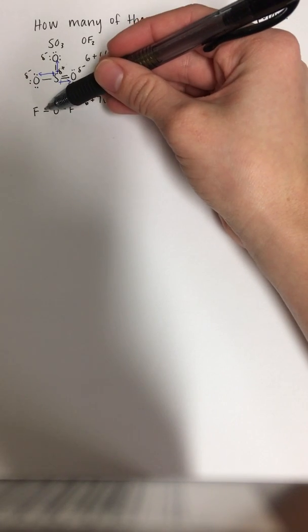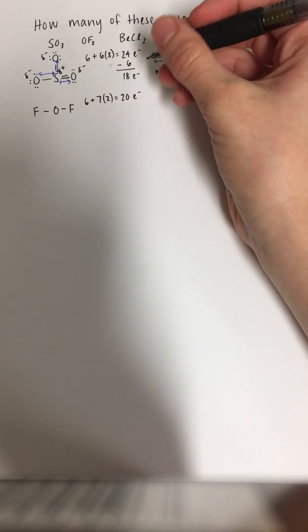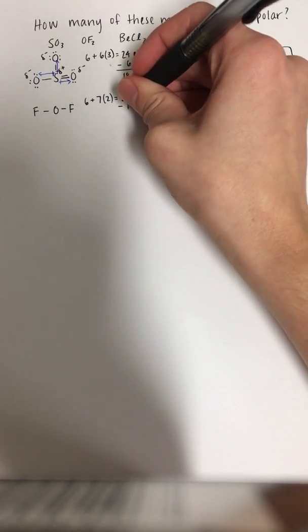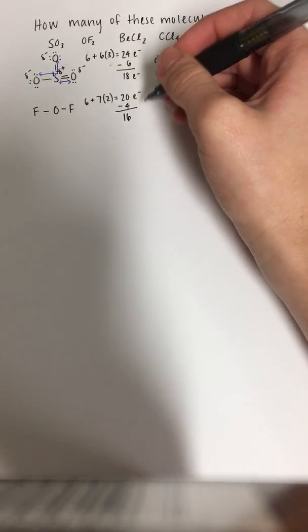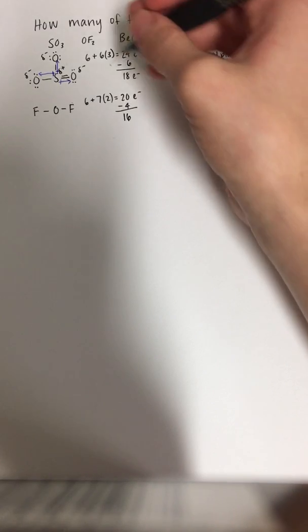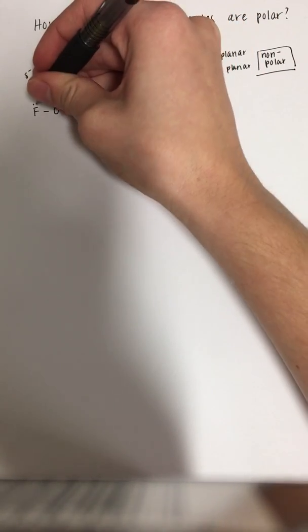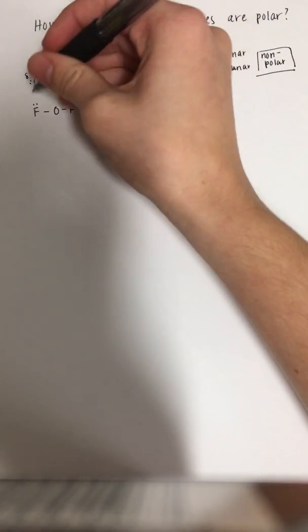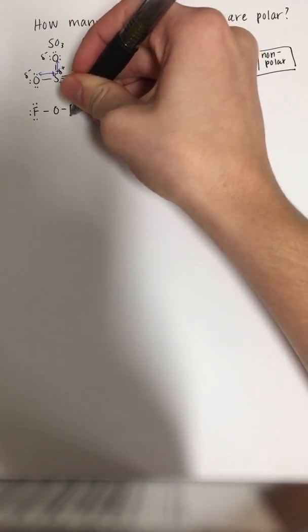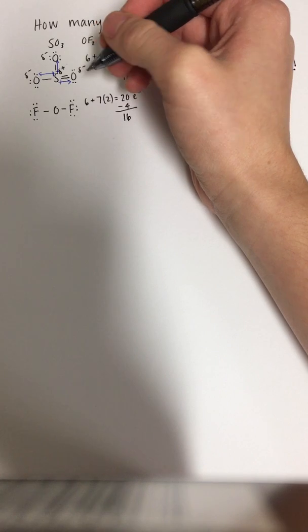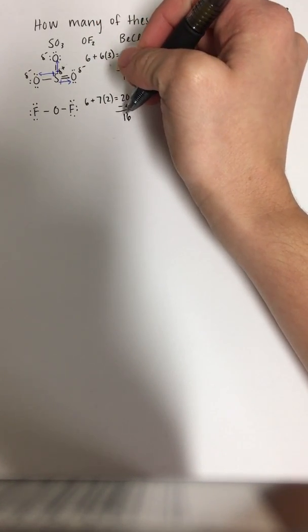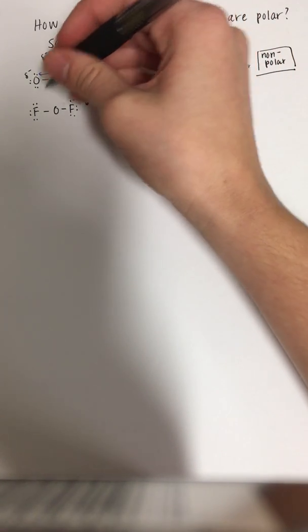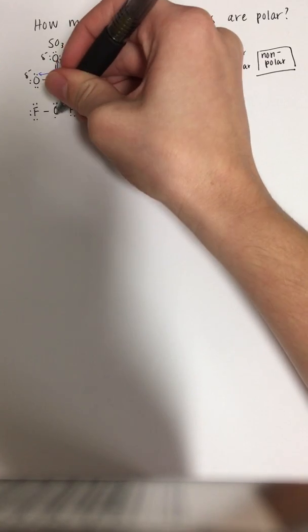We already have 4 electrons that are being bonded, so we can subtract 4 for a total of 16 electrons that are going to help make octets. So we start on the outer atoms. We have 2, 4, 6, 8, 10, 12, and we haven't reached 16 yet, so we're going to put the rest on the center atom, 14, 16.